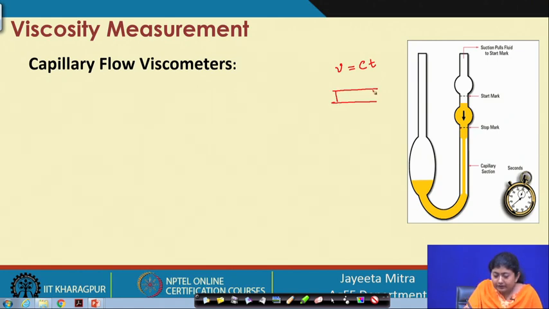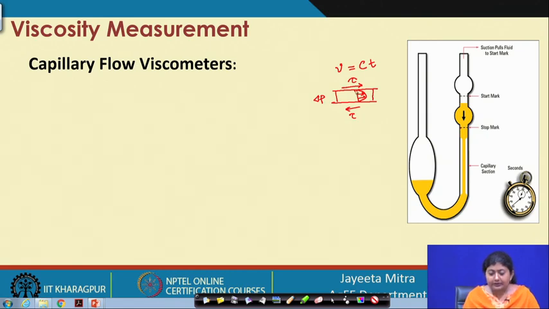In the fluid element, the delta P pressure that is acting because of the gravitational pressure will be balanced by the shear force tau. And also we consider this as a fully developed flow, so the parabolic velocity profile will be there.